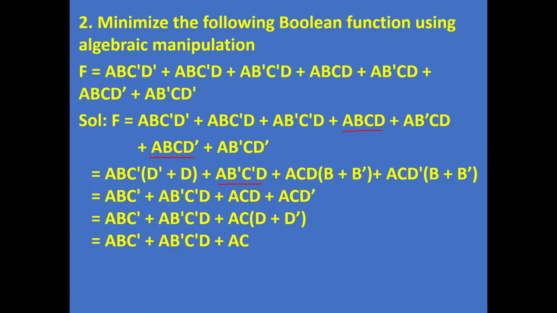So you will get A, B, C. That also I didn't do. What did I do? Okay, A, C, D bar. Where is A, C, D bar? This is A, C, D bar. Okay, so this has B. So where is another term ACD bar?